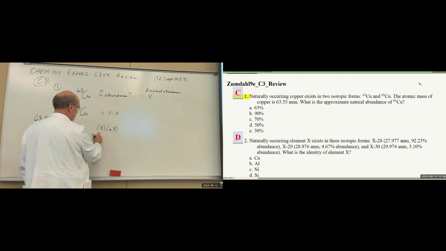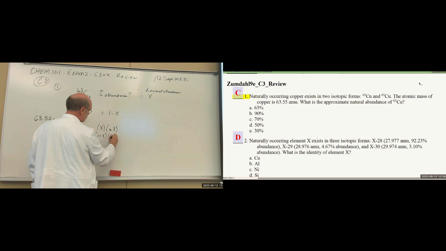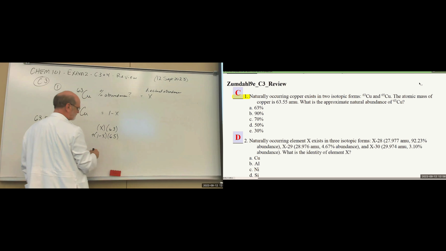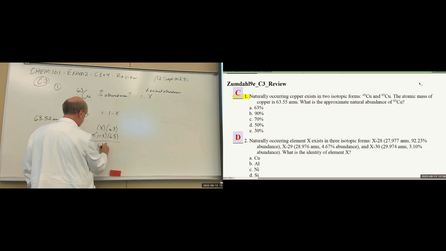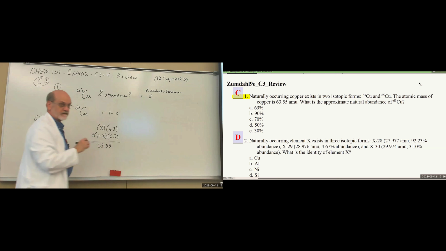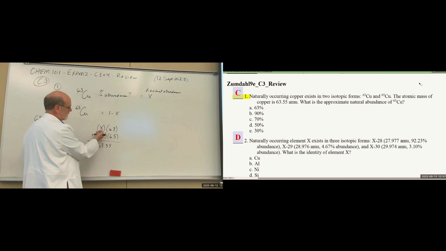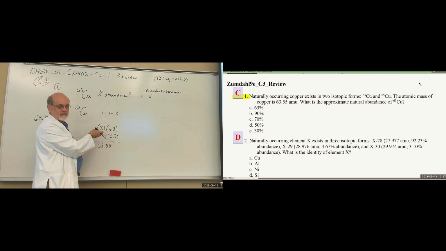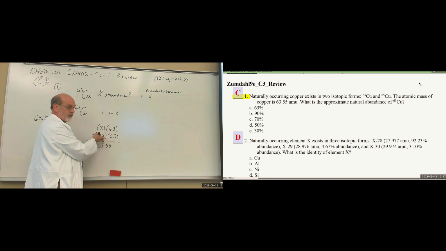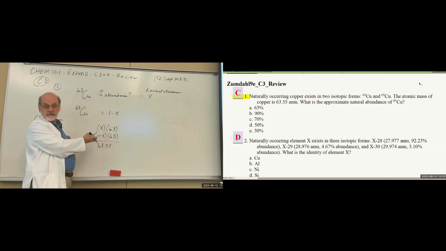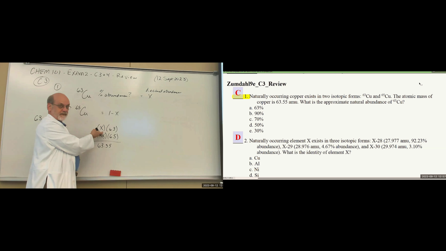And then we add to it the abundance of this one times its relative mass. So we add those two together, that gives us 63.55. If we put values in here like 0.45, 45%, and this one would be 0.55, 55%, wouldn't it?